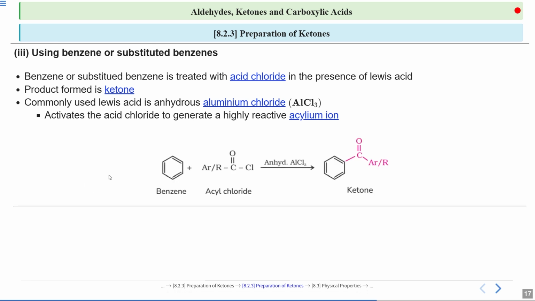If you see over here, this is benzene, and when you react it with acyl chloride in the presence of anhydrous AlCl3, this AlCl3 activates the acyl chloride, which makes it more reactive. The activation generates a highly reactive acylium ion. That acylium ion finally reacts with the benzene and forms a ketone. So finally you get a ketone as your final product.